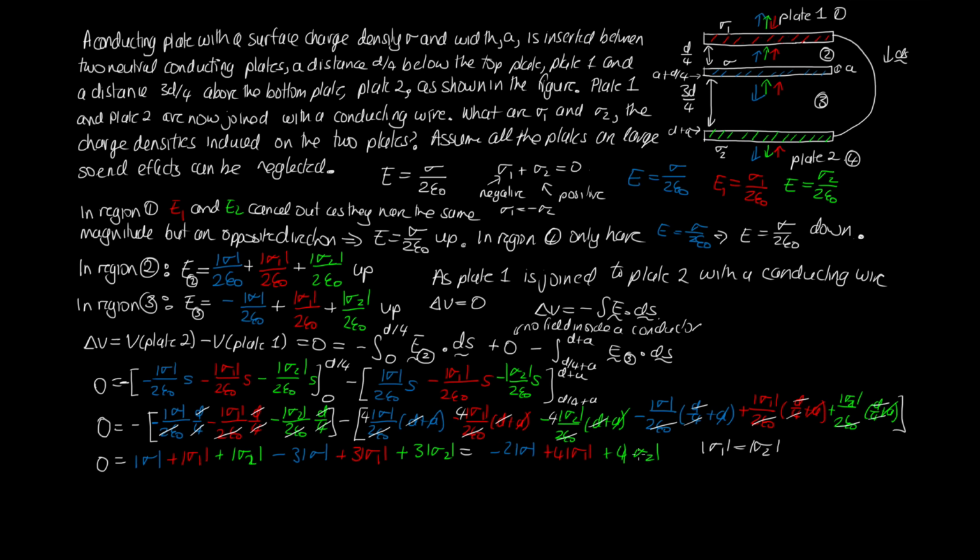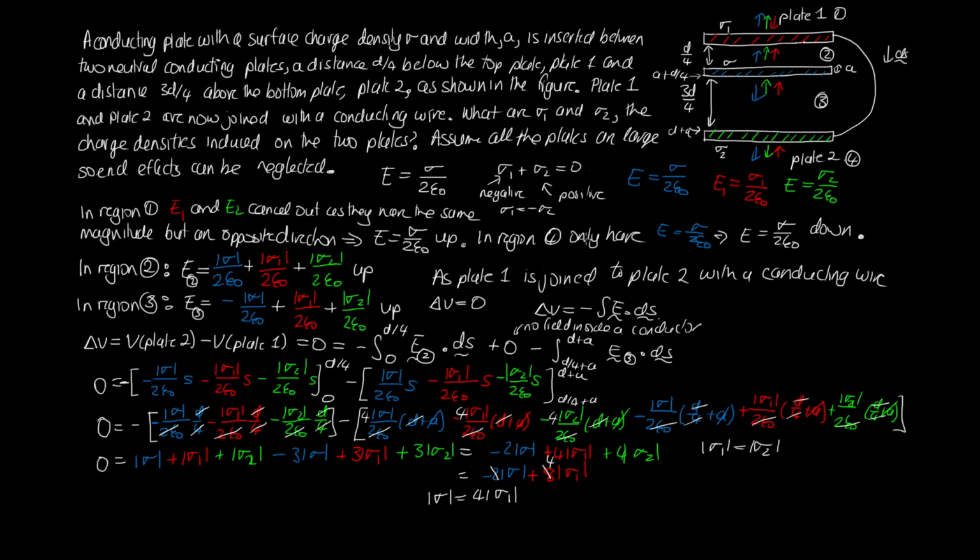So let's replace this sigma 2 with sigma 1. So we can write this expression as minus 2 sigma plus 8 sigma 1. And so just rearranging this, we can divide by 2, and so this becomes 4, and we end up with sigma is equal to 4 sigma 1.